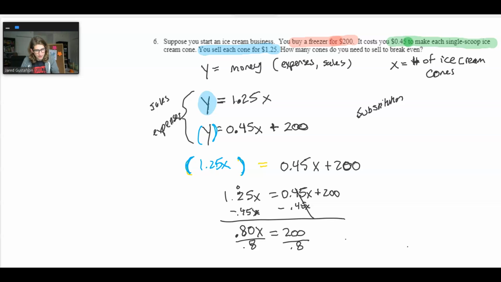This might be a good calculator part. Type that in a calculator, we get x equals 250. So we have to sell 250 ice cream cones for our sales to be equal to our expenses, for Y to be 0. 250 ice cream cones is where we start making money after we sell.